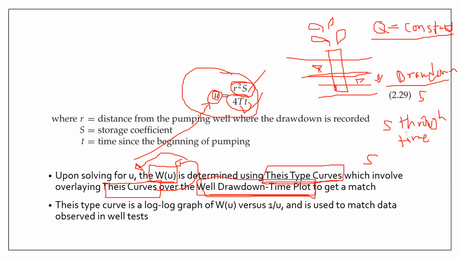Okay, so it's quite a tricky part, but the Thiess equation is all about getting a drawdown versus time plot, and then using the Thiess curve to visually get u and W(u), and then you use this equation to solve for transmissivity and storage coefficient and other well parameters.